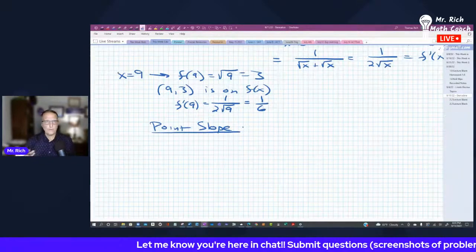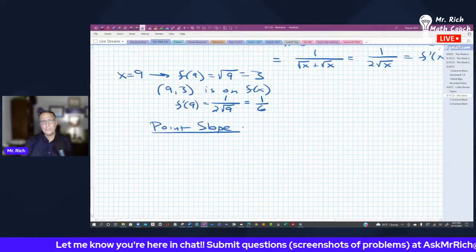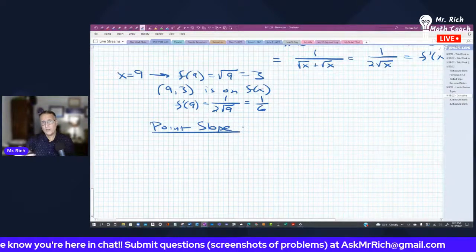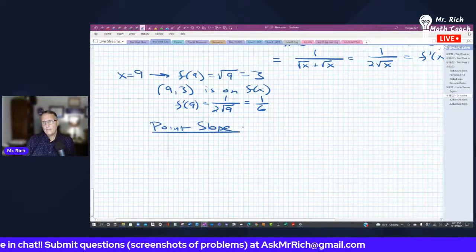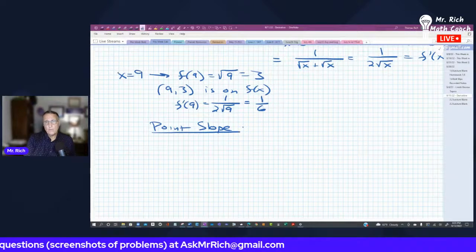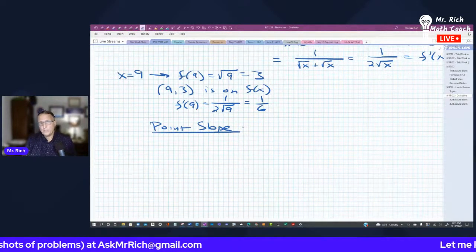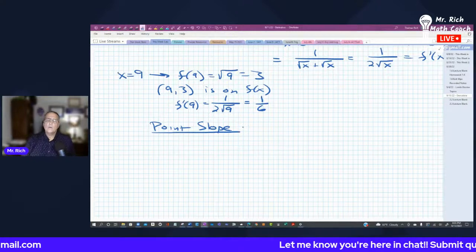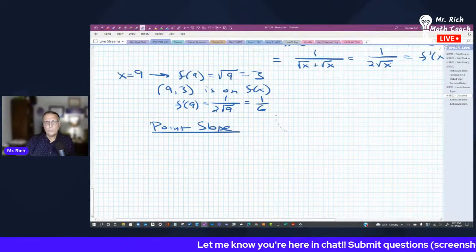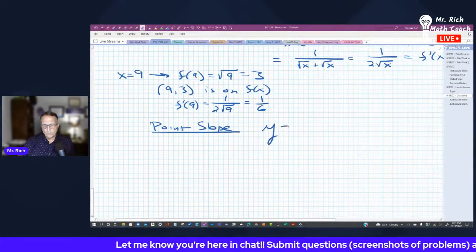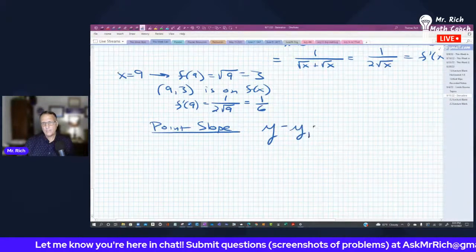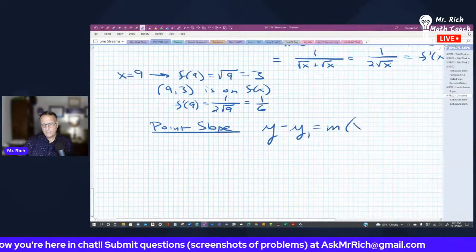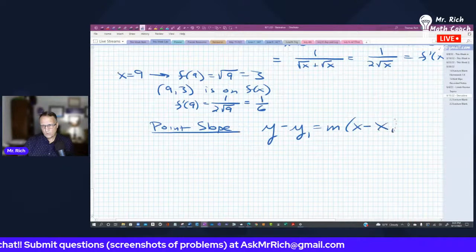That is the way we write linear equations. But really, it's not the most useful form when you're trying to generate an equation of a line, because you need the slope, m, but then you need a specific point, the one on the y-axis. With point slope, though, you need the slope, but you can use any point that's on the line.